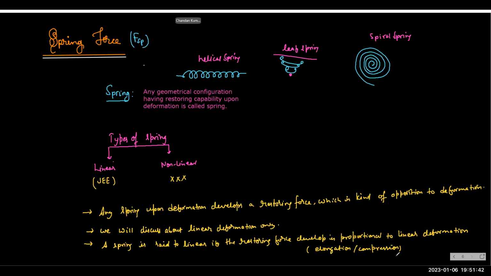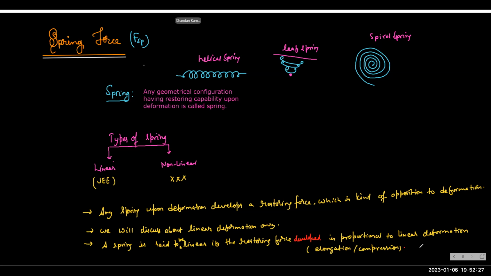So a spring is said to be linear if the resisting force developed is proportional to linear deformation, and we are only going to consider either elongation or compression.